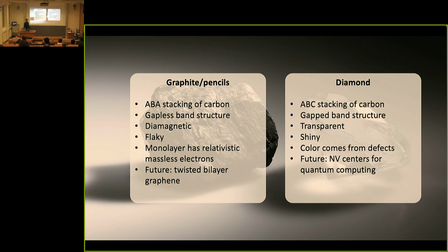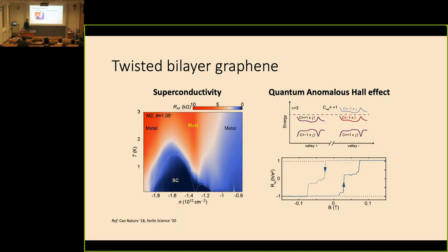So about the last picture and the superconductivity. Are there any research which show how the area of superconducting state depend on the angle, the twist angle? Yeah, you said area.